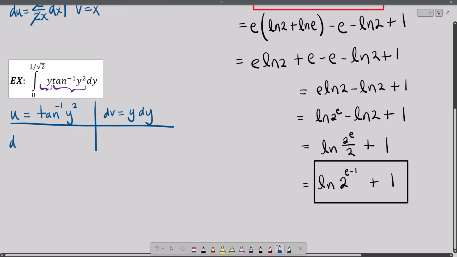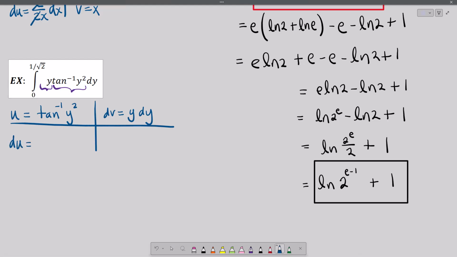So then du. I want you to write down du before I write it on the board. Write down du. And if you make a mistake, there's going to be a penalty. We will have to stop the recording. We'll have to close the doors. We'll have to turn off the lights.